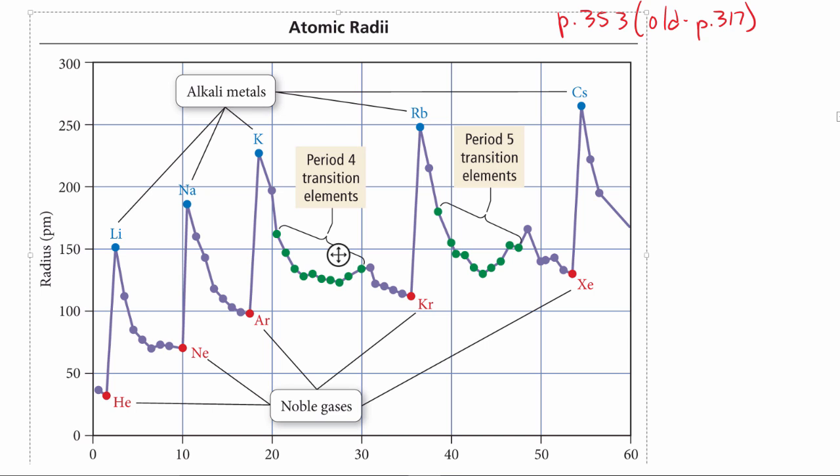As you go down within a group, what happens to the atomic radius? As you go across a period, what happens as a general rule? And as a general rule doesn't mean every single one, but what is the trend?